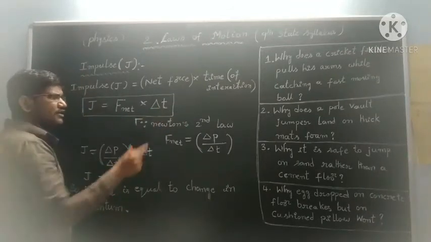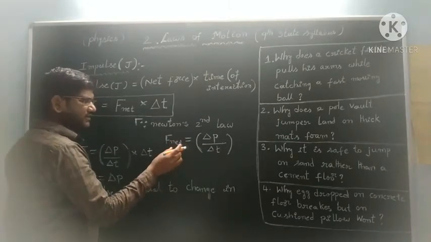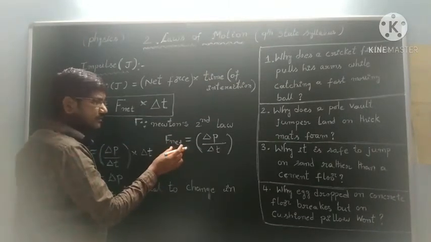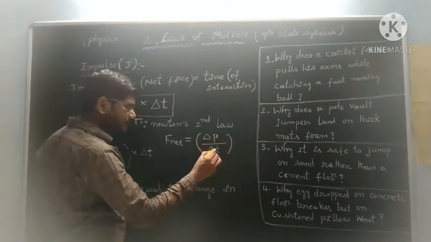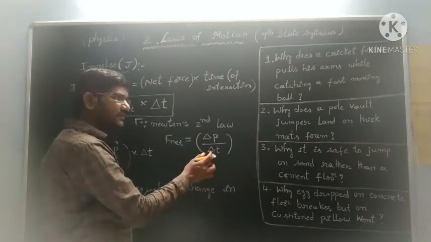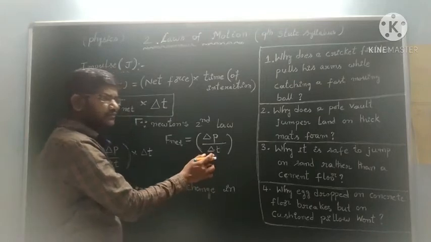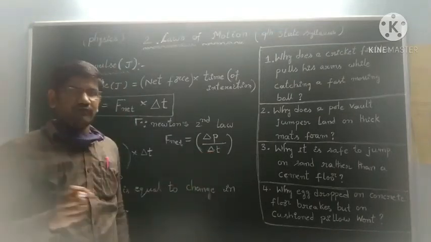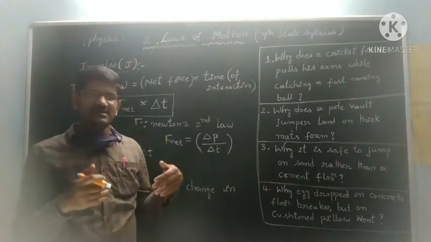But from Newton's second law, we know that net force is equal to the rate of change of momentum produced on the body. So we know this formula, F net is equal to delta P by delta T. See children, when we are going on a cycle, we will have some mass.